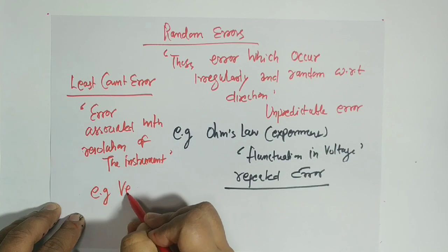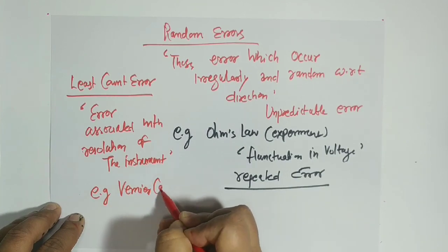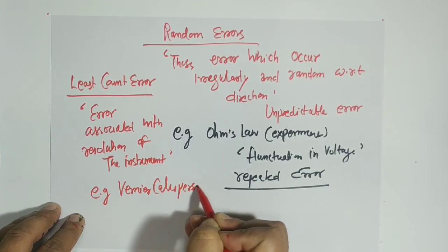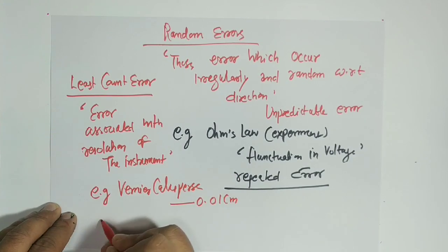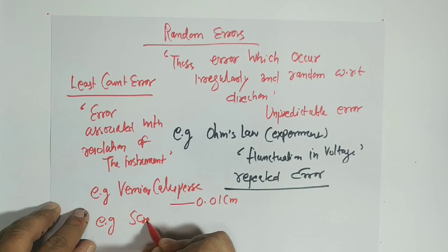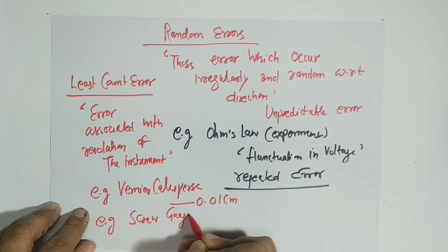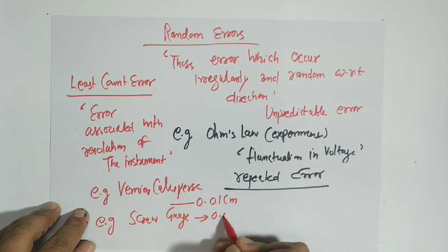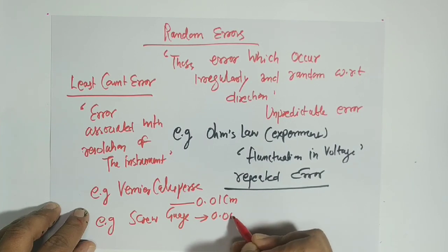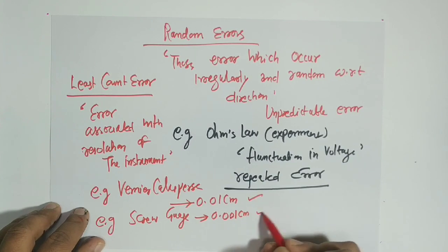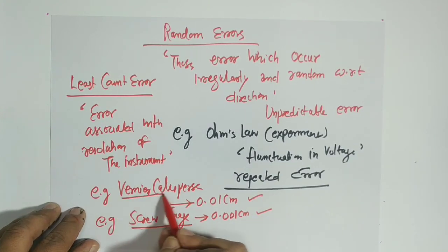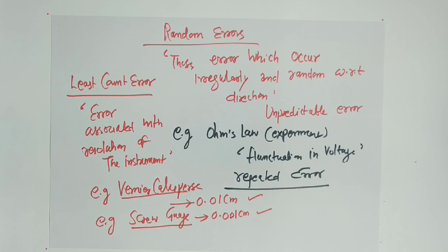Example, I have a vernier caliper. Its least count is 0.01 centimeter, whereas a screw gauge has a least count of 0.001 centimeter. Are you getting it? So you know that it is more precise. So to reduce the least count error, we will take a better resolution device.